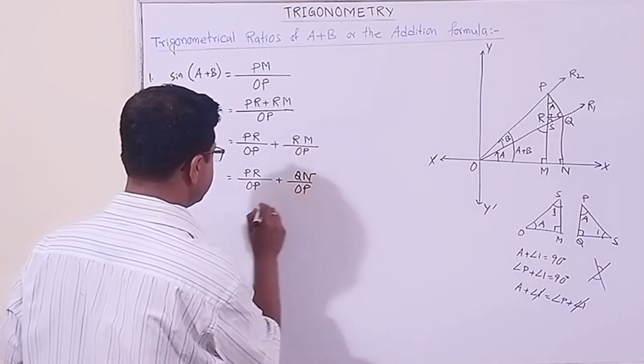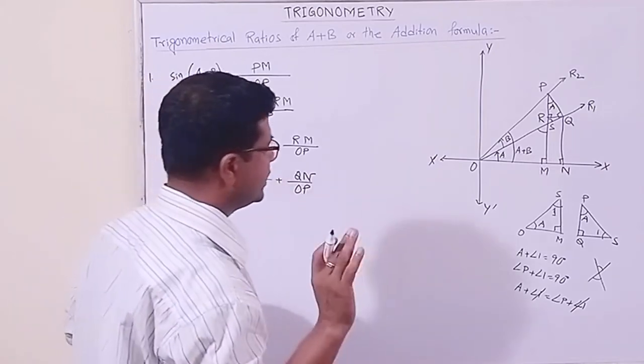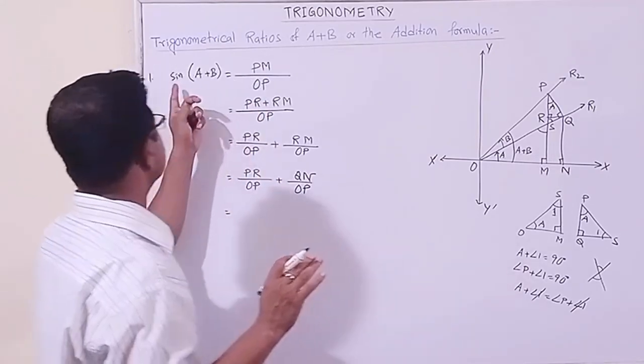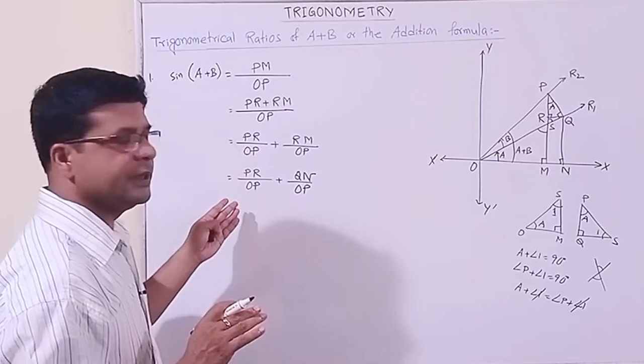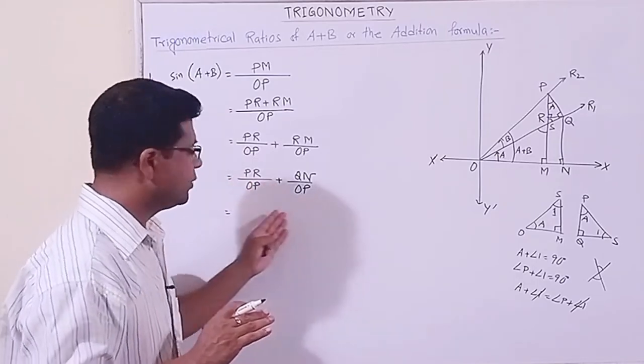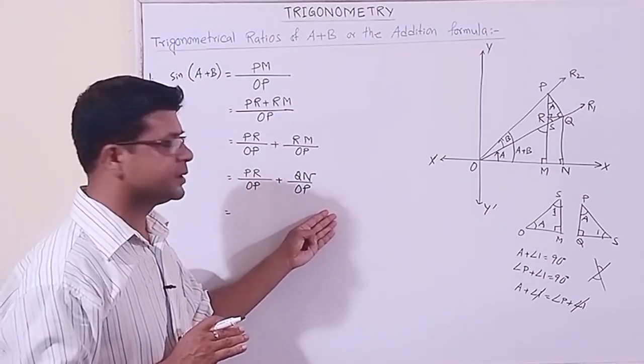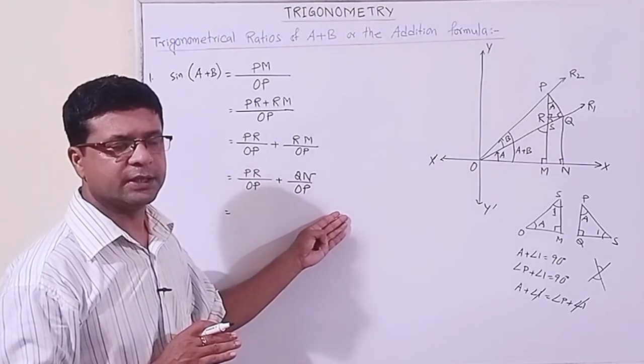by OP. Actually, now I want to say something here. The formula for sine of A plus B, in terms of sin A cos B, like this.